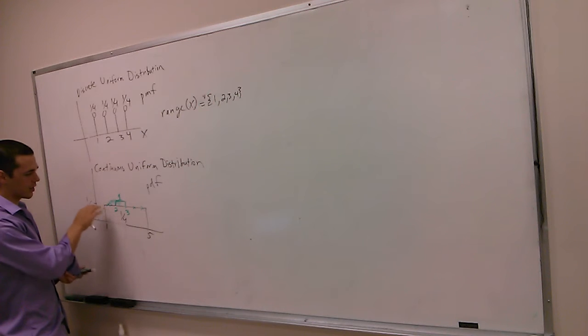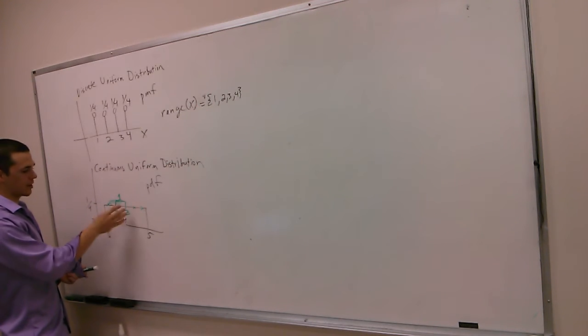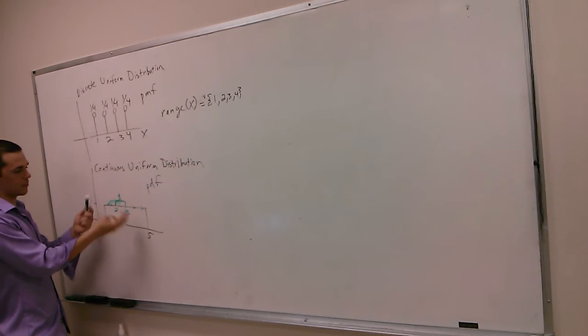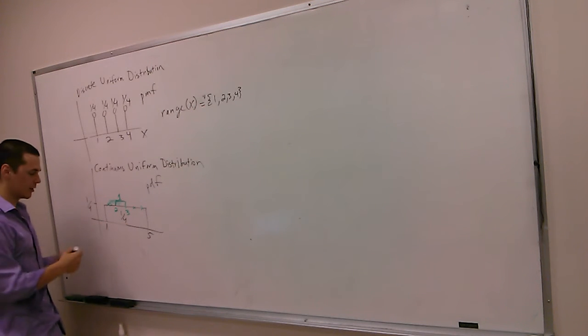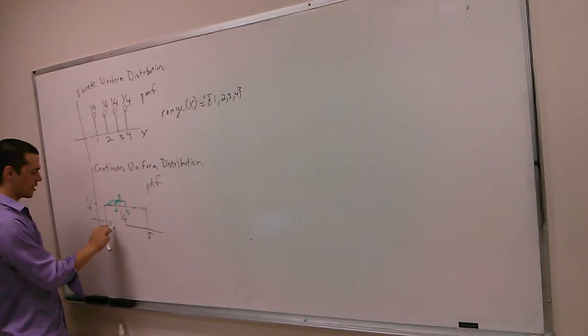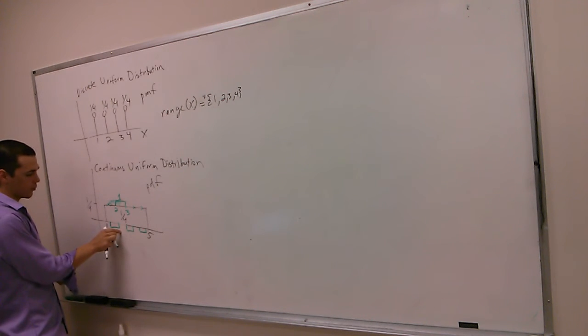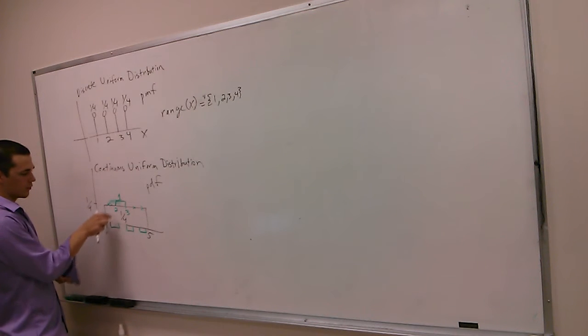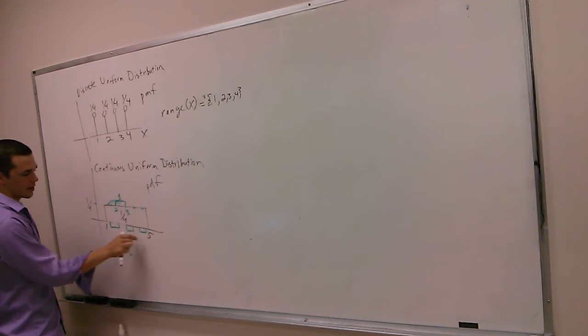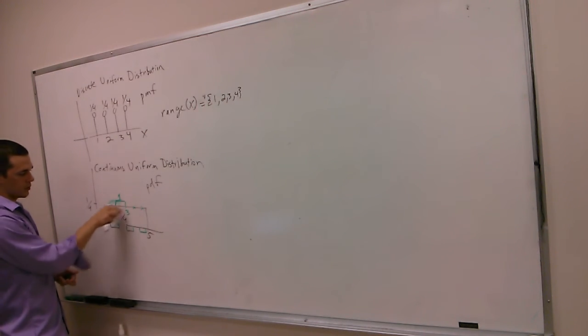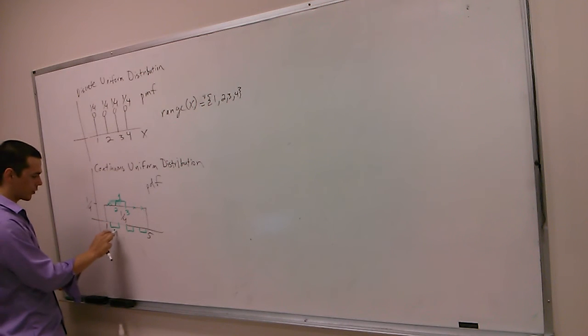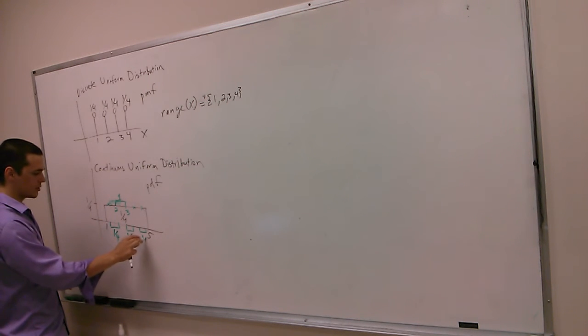You can't have a finite probability of being at any particular location, or the sum of all these probabilities would be infinite. But if you take any interval of the same size, so let's say an interval of width 1, and you just move it around, the probability of being in this interval, no matter where it is between 1 and 5, is going to be 1/4. So that's what it means to be uniform.